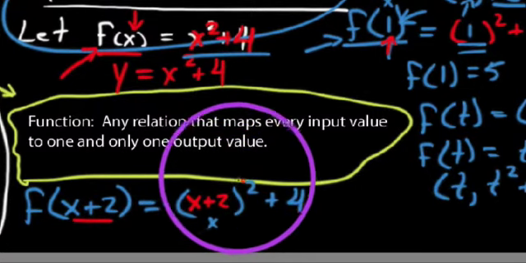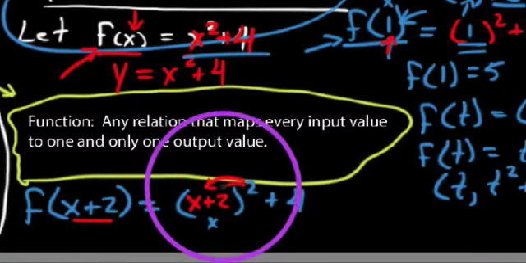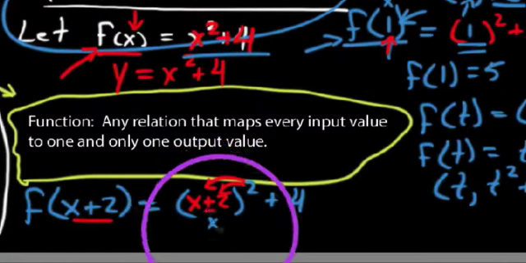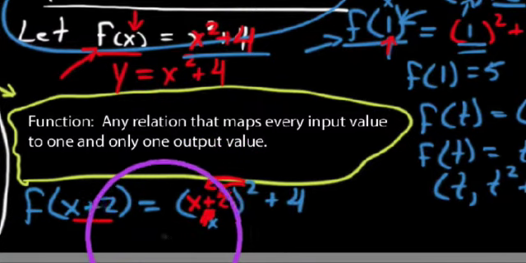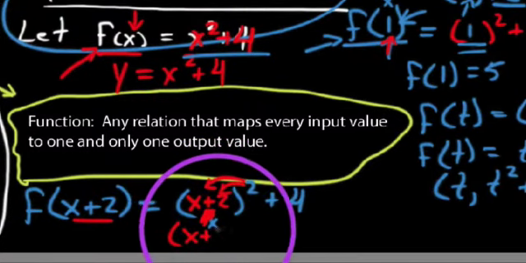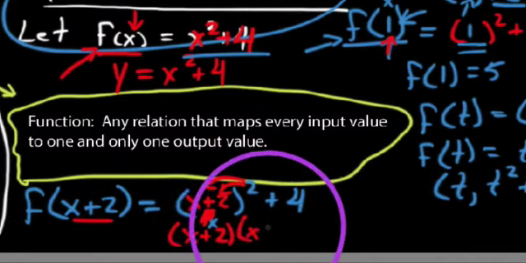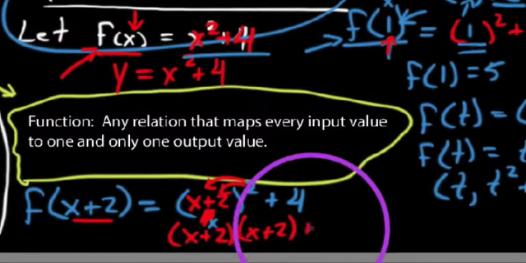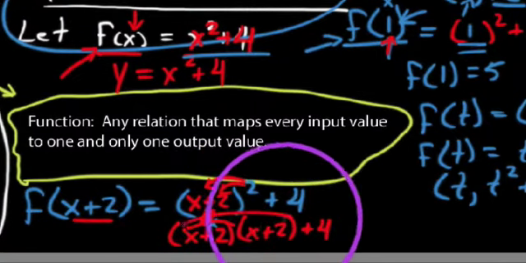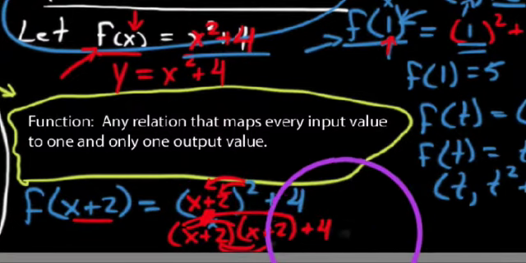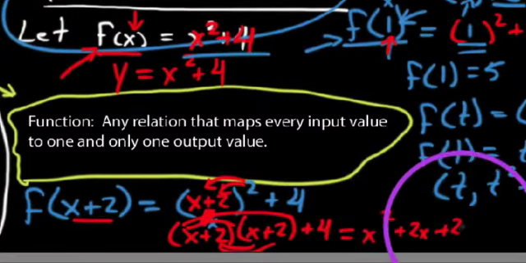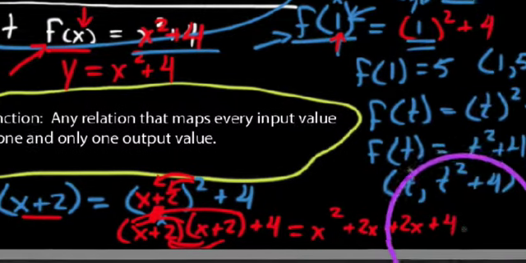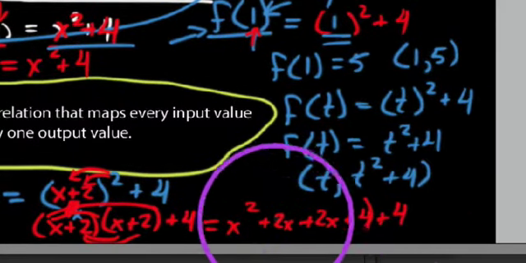Okay, now keep in mind we can't distribute a squared through a summed or a difference quantity here, okay? So we have a sum. So let's go ahead and write this out. This would be like x plus 2 times itself plus 4. And if we go ahead and carry out our FOIL here, we would end up with x squared plus 2x plus 2x plus 4, and then plus 4 off on the right.